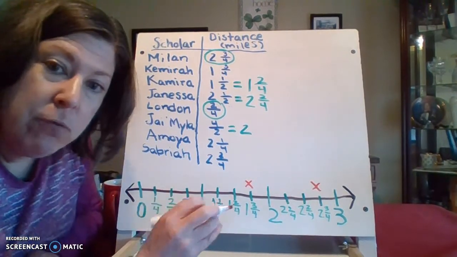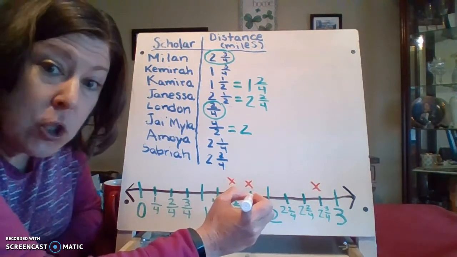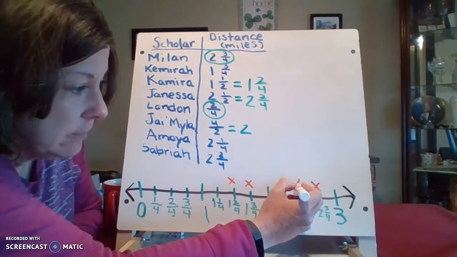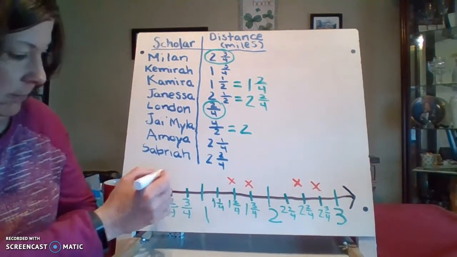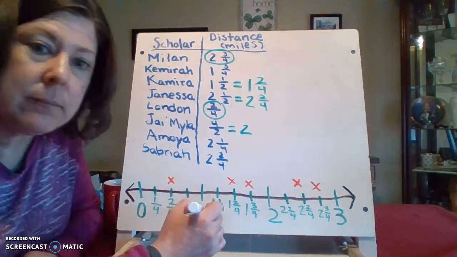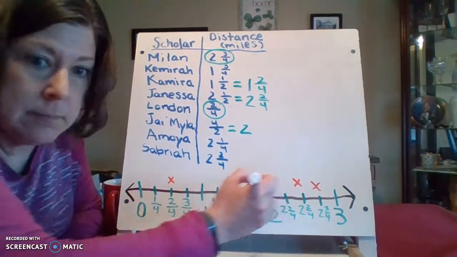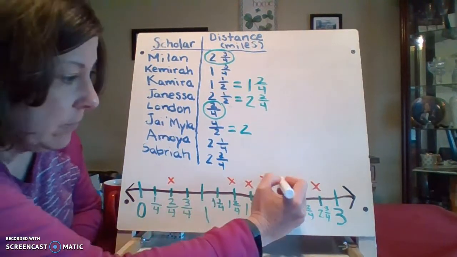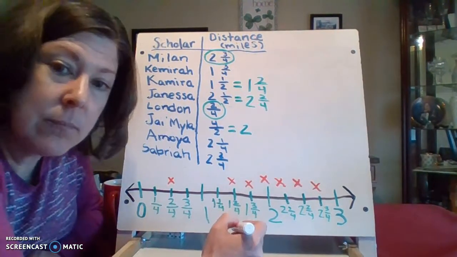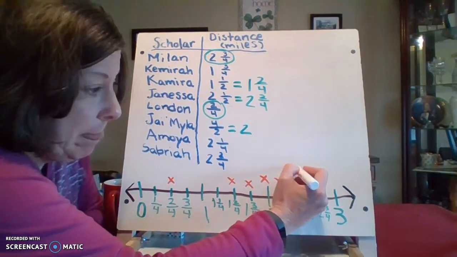Then I have 1 and 2/4, 2 and 2/4, 2 wholes, 2 and 1/4, and 2 and 2/4 again.